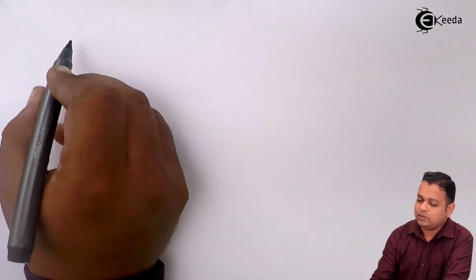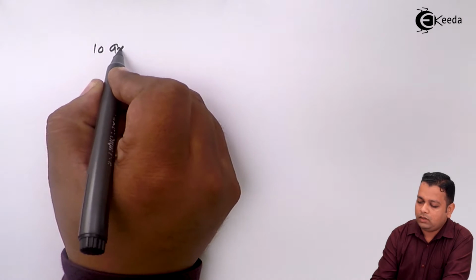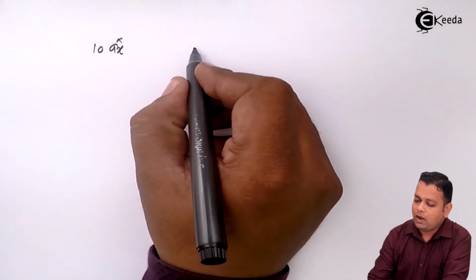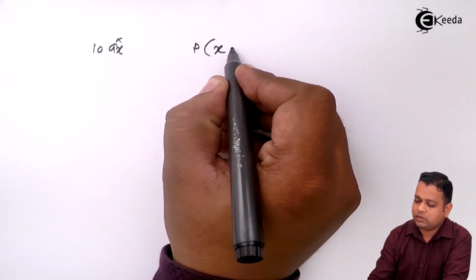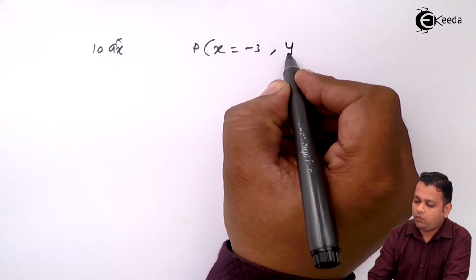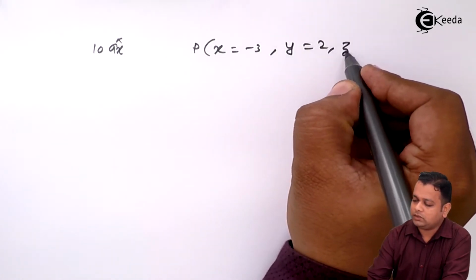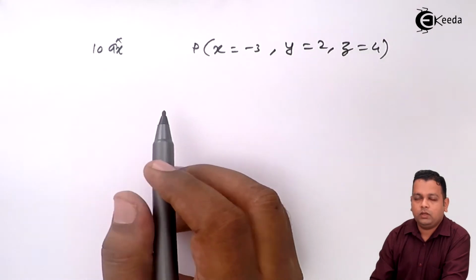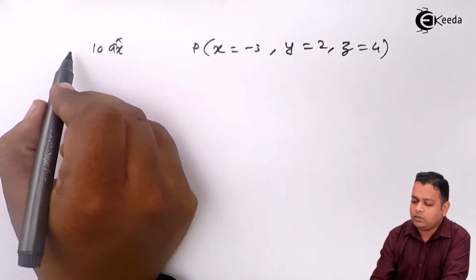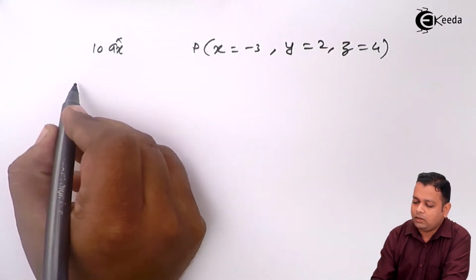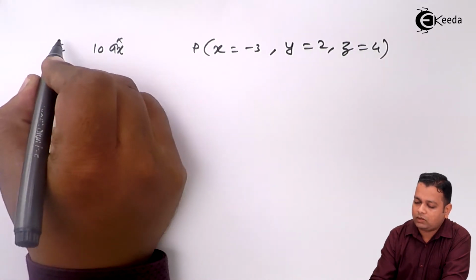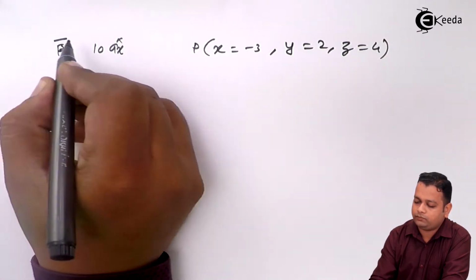The given data is tan ax cap, and the point is x is equal to -3, y is equal to 2, and z is equal to 4. So to have this representation of vector in the form, suppose this is vector a bar.